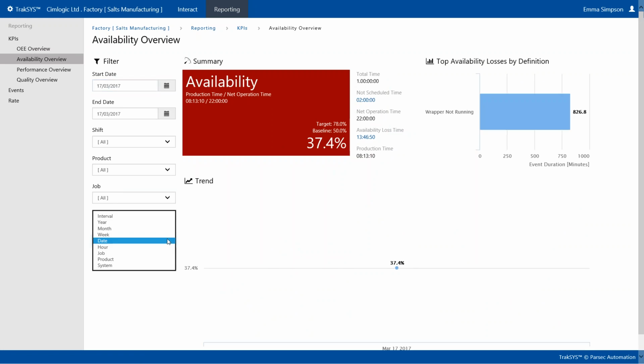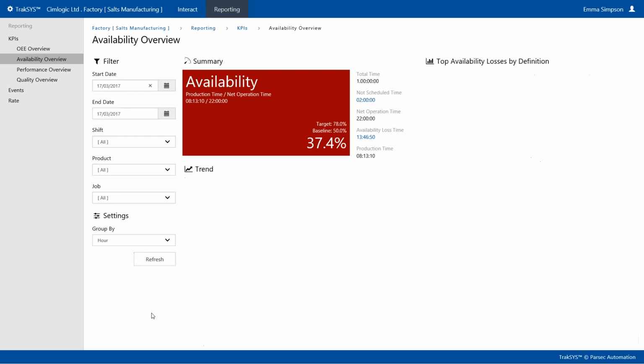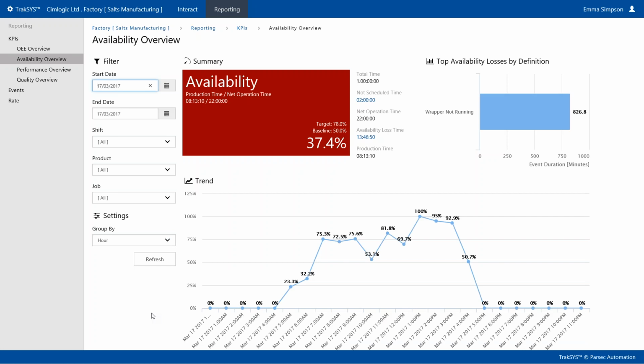On the availability, okay, we had a big problem with the wrapper that was not running. We can try to see hour by hour what happened on that day, and we can analyze on the timeline chart some ups and downs, and really 2 periods where it was quite low.